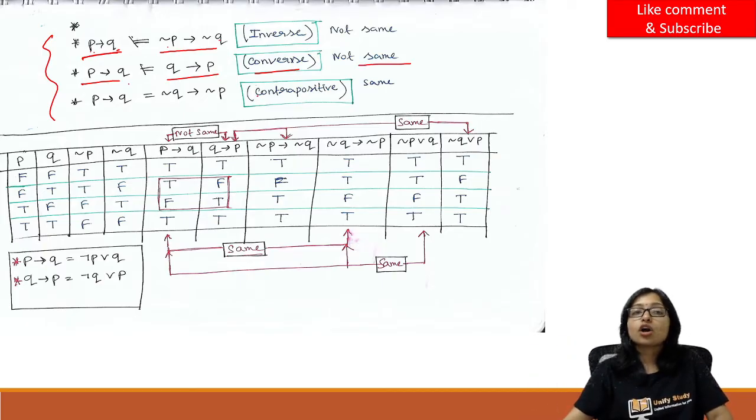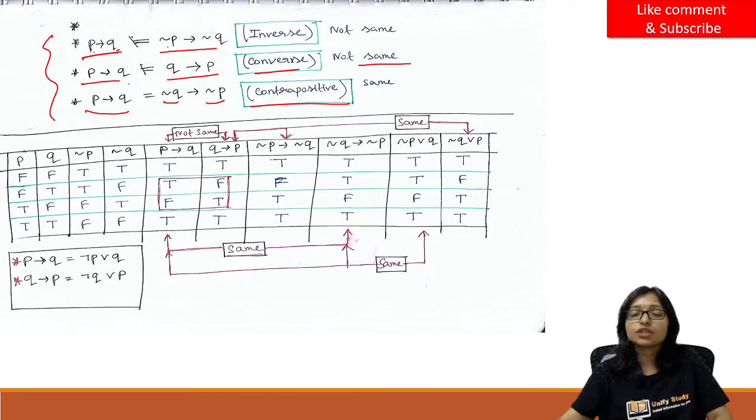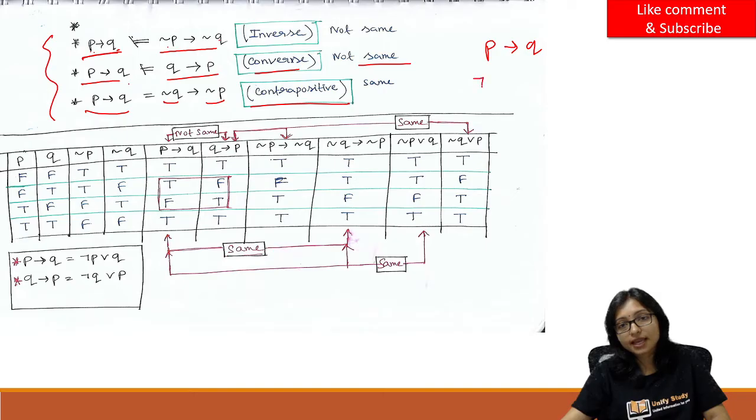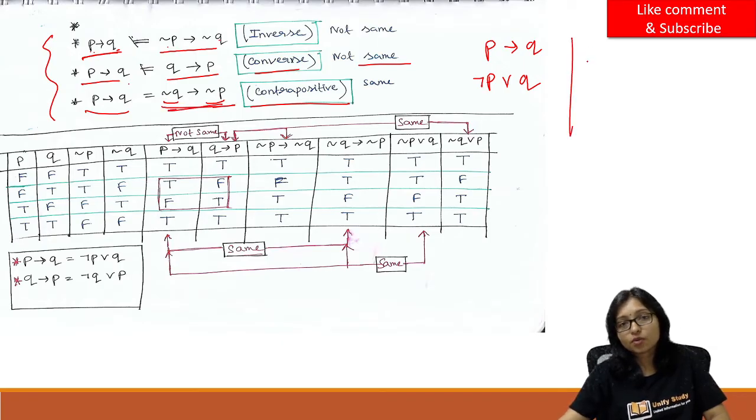But the contrapositive is the same. P implies Q equals not Q implies not P. How is this coming? P implies Q means I can write not P or Q. Now here you can see, if I am doing not Q implies not P, what will it be?